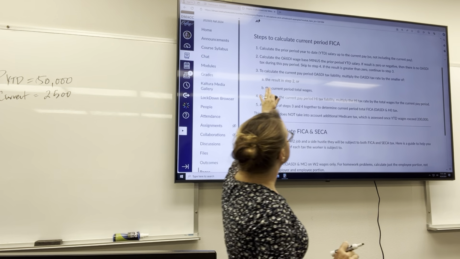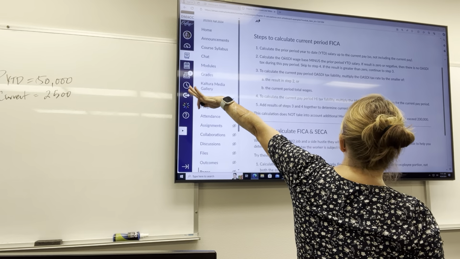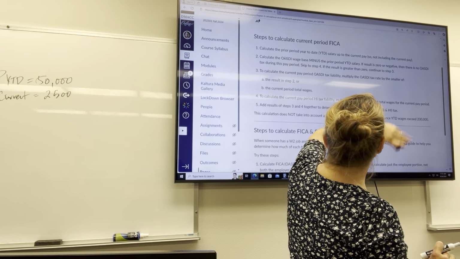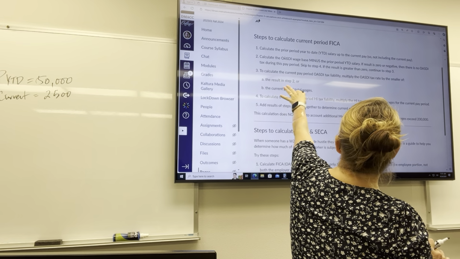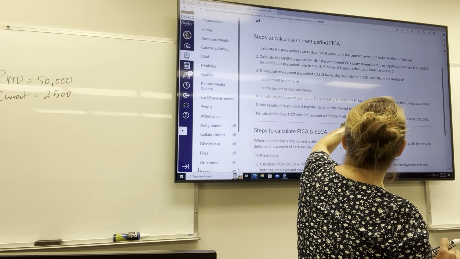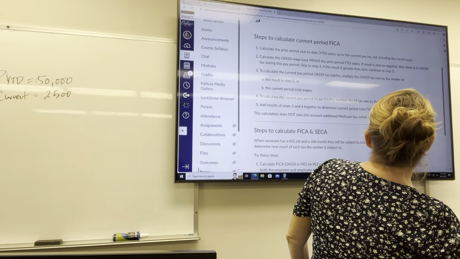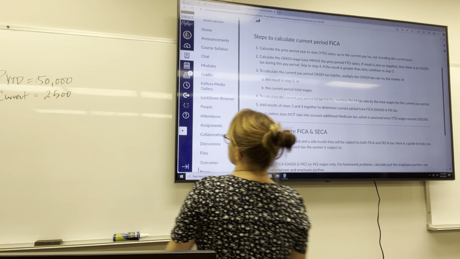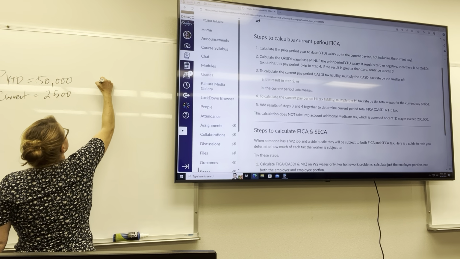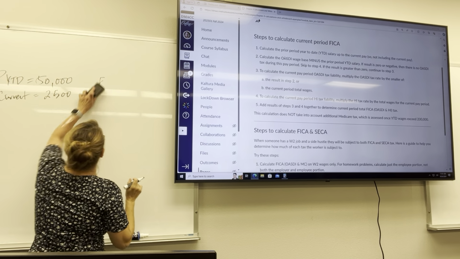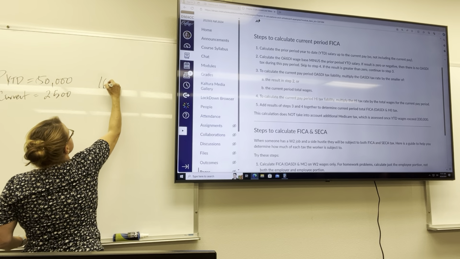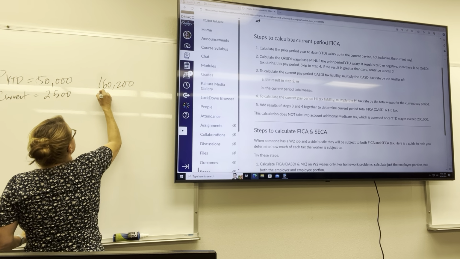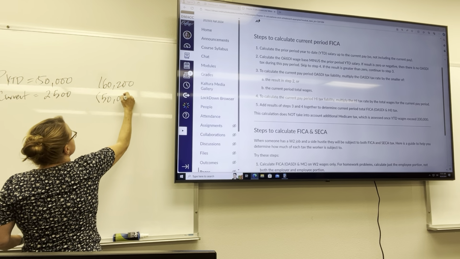So we've got the prior period year to date up to the current pay. Calculate the OASDI wage base minus the prior period year to date salary. All right, so 50,000. Oh, sorry, I'm starting with the wrong number again. 160,200 minus 50,000.